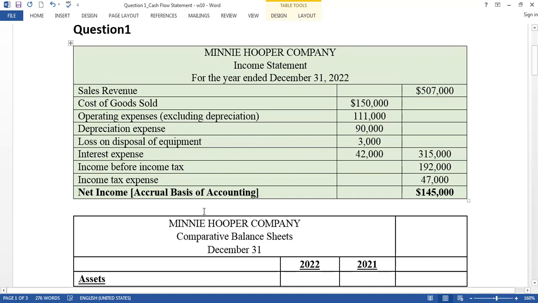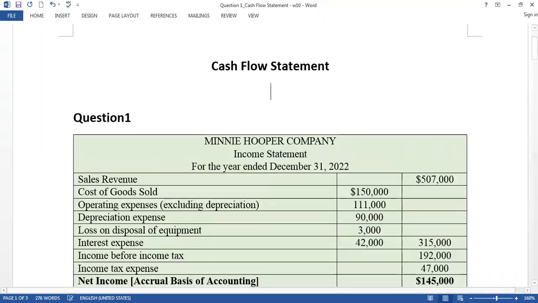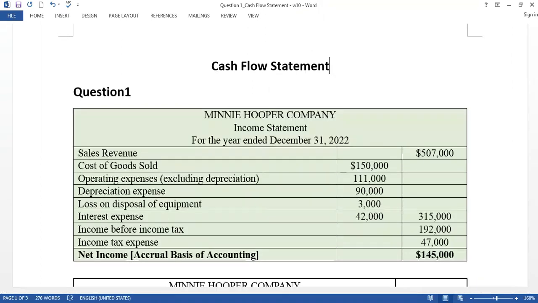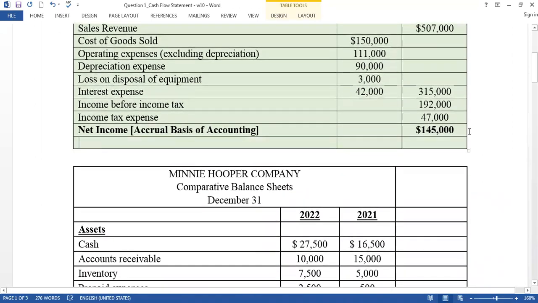This net income is calculated based on accrual basis of accounting, but we are preparing a cash flow statement. So we have to calculate net income based on cash basis of accounting.